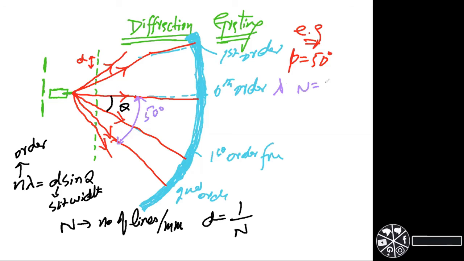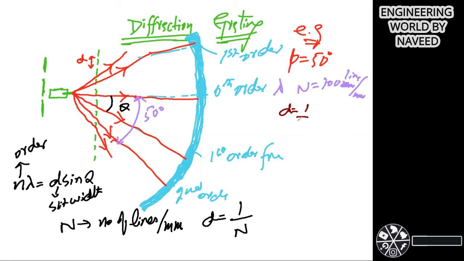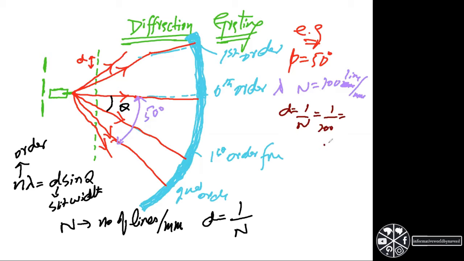Sorry, n is 100 lines per millimeter. So I can find my d, which will be equal to 1 divided by n, so 1 divided by 100, that will be equal to 0.01 millimeter.